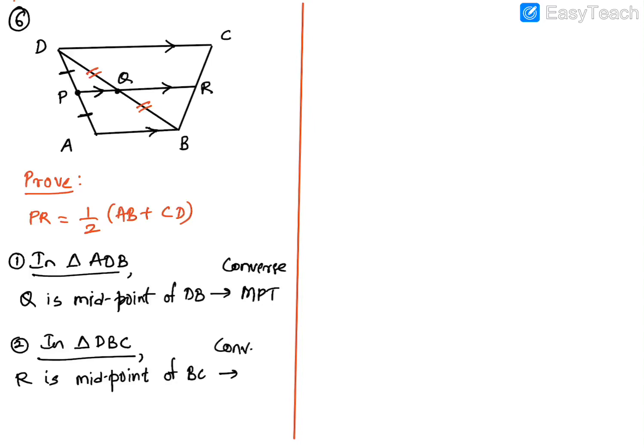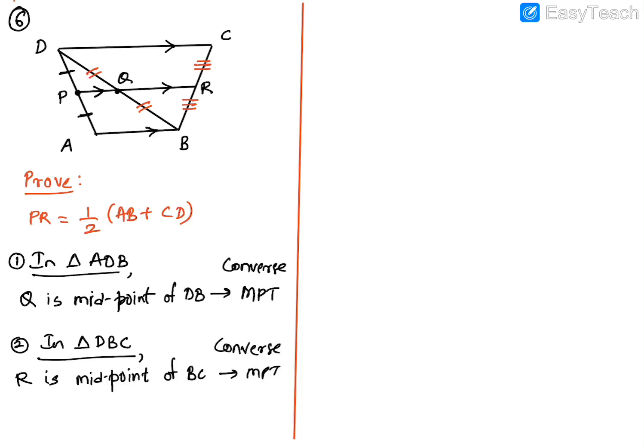Again it's the same theorem, the converse of the midpoint theorem. Notice again we are drawing a line which is parallel to the base DC. This line QR is parallel to the base DC. So point R also becomes a midpoint. Now this part is equal to this part. So R is a midpoint of BC, and the reason will be the converse of the midpoint theorem.